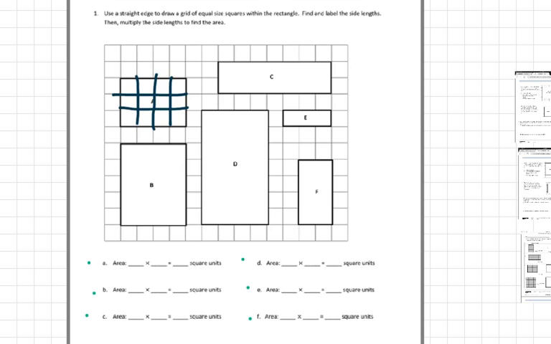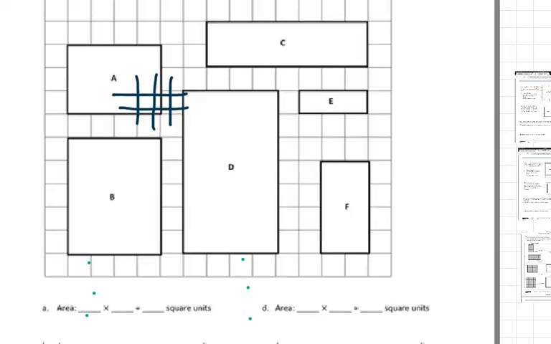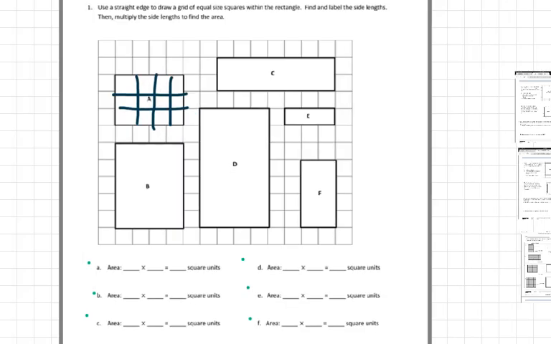All right, so now let's look at shape A. Here's where I'm going to write the answers for shape A. So now, because I filled in the lines, I can look and count. 1, 2, 3, 4. 1, 2, 3, 4, going this direction.